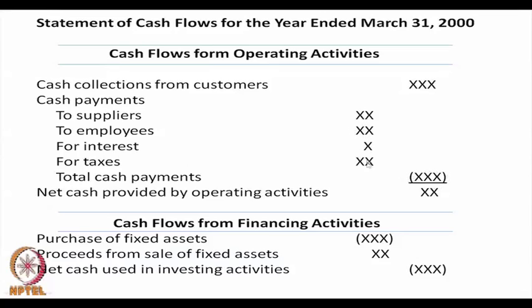Total of these 4 is this, and if this is within parenthesis, indicating that this is negative, so to be subtracted from the inflow. So, inflow minus outflow gives the net cash provided by operating activities. So, this minus this is equal to this.